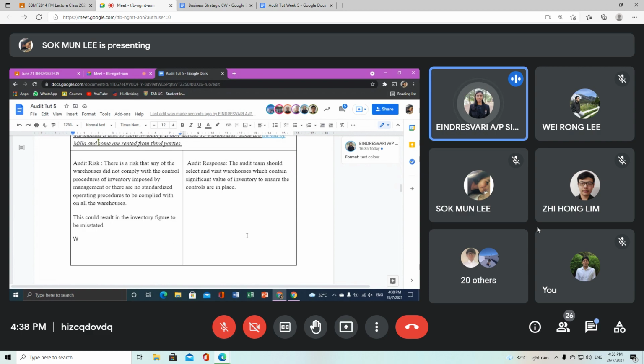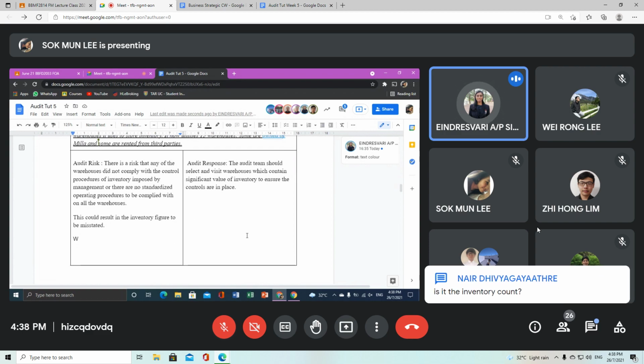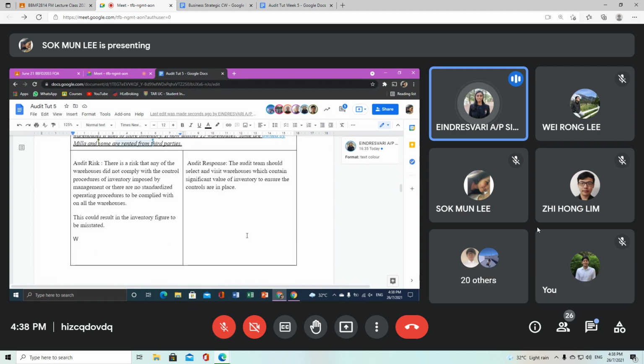If you are going on warehouse, what is the issue in this question? They mentioned some of the warehouse is owned by Mila, some are rented. So warehouse you usually capitalize as part of PPE, right? So basically you are talking on rights and obligation. So what could go wrong?